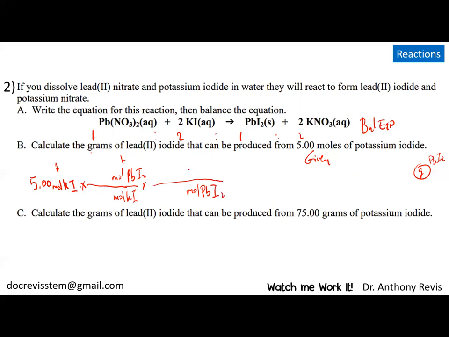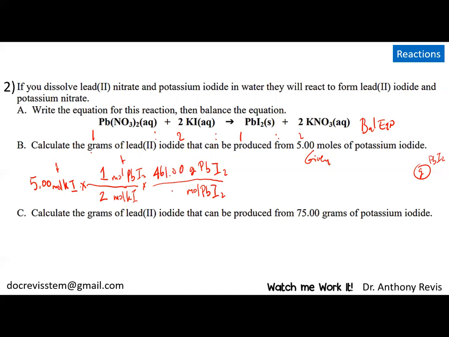Hopefully your penmanship is better than mine. Let's go to grams, PbI2. I go back, these, I just simply read from the periodic table. I read in front of PbI2, I read a 1 for stoichiometry. I read in front of KI, I read a 2 in front of it. I Google or calculate my molar mass.